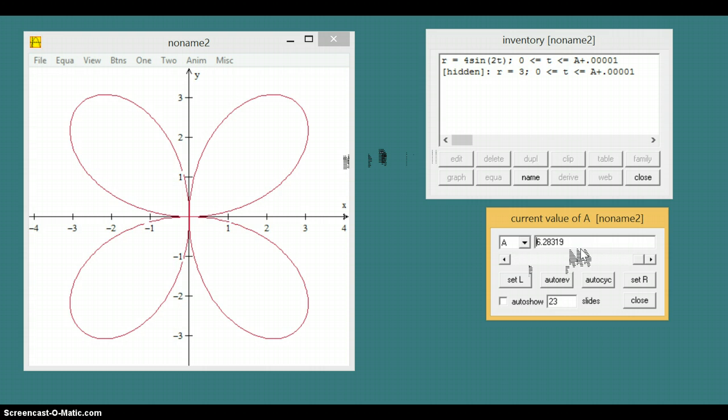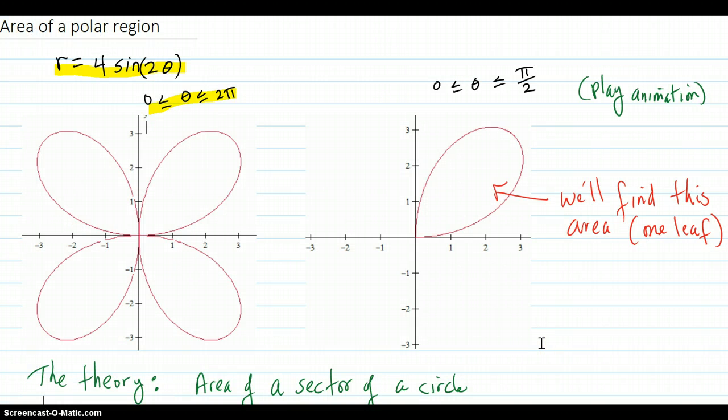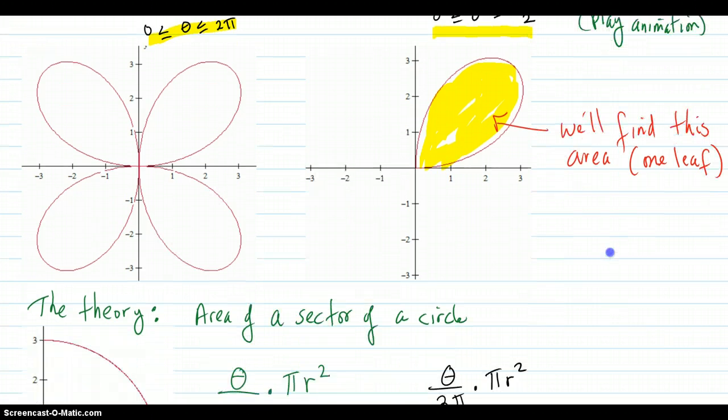Otherwise you might get double the area. As we've just seen, this leaf right here does indeed trace out all this area as the angle goes from 0 to pi over 2. Okay, so that's what we want to find.